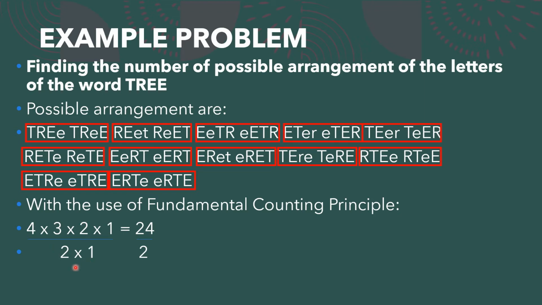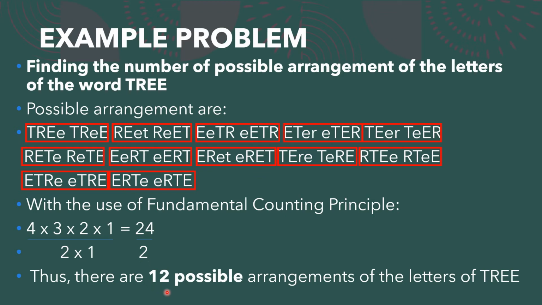So, pag dinivide mo yan, it's simply 24 divided by 2. That is equal to 12 possible arrangements of the letters of the word. So, ganun lang. Kailangan alamin mo lang kung ilan yung identical letters. Tapos, yun yung i-divide mo sa ilalim ng ating numbers sa taas.